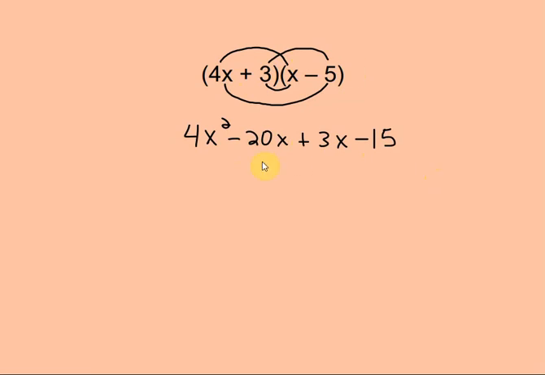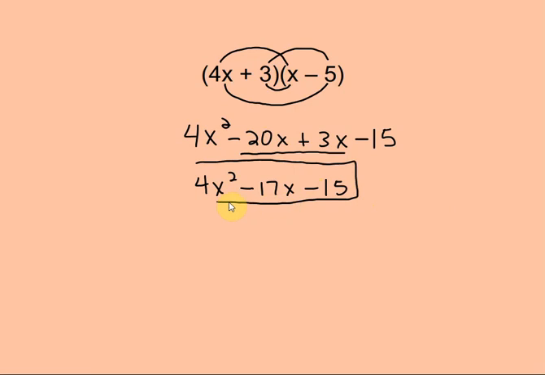Now my two middle terms again are like terms. So let's bring down the 4x squared. Combine the like terms, negative 20x plus 3x would be a negative 17x, and then minus 15. And that's my simplified answer.